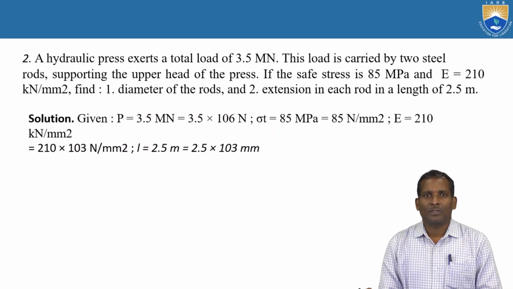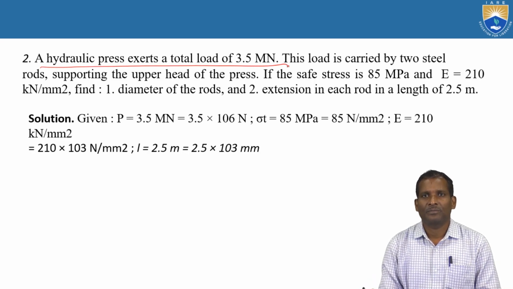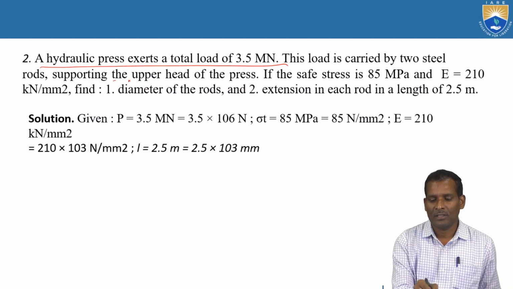One more problem we will see. A hydraulic press exerts a total load of 3.5 meganewton. This load is carried by two steel rods supporting the upper head of the press.